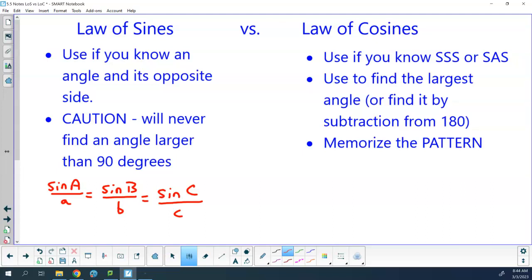So if you have an angle and its opposite side, automatic, use the law of sines, hammer it up.